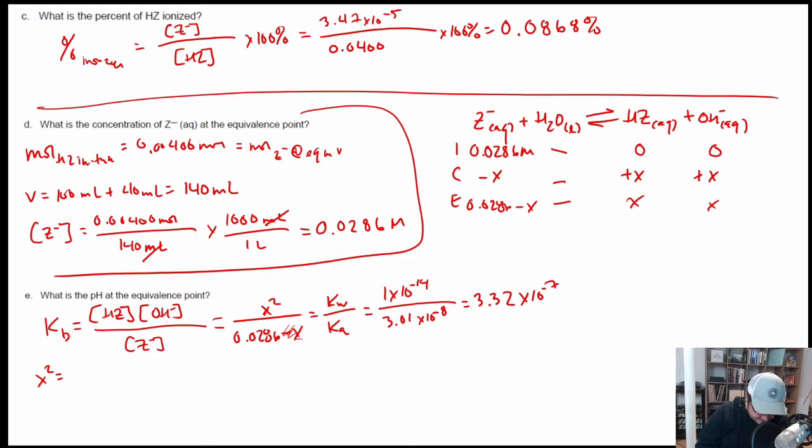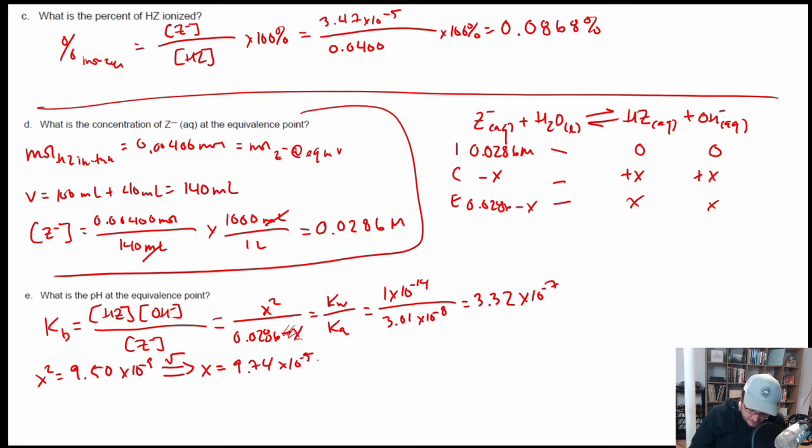So what I get is 9.450 times 10 to the negative 9. Take the square root of this. What I get is x equal to 9.74 times 10 to the negative 5.